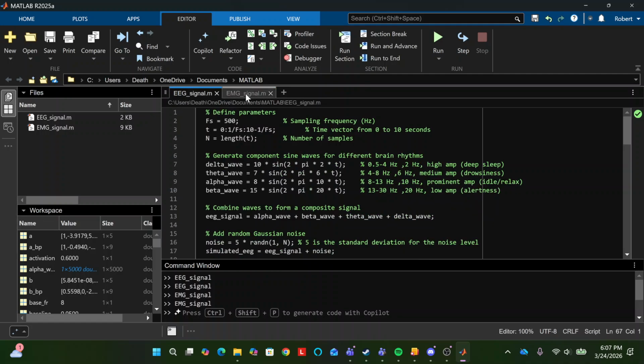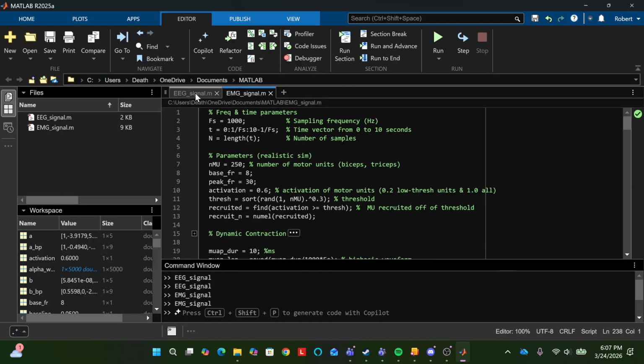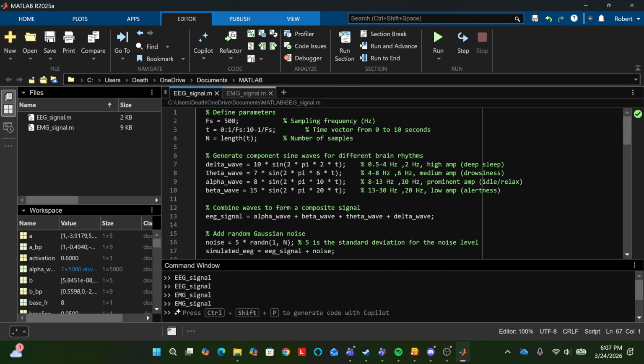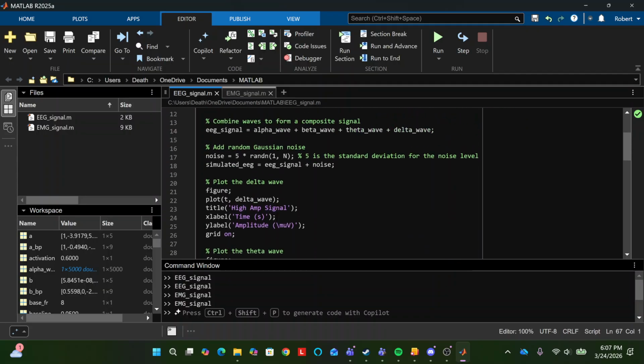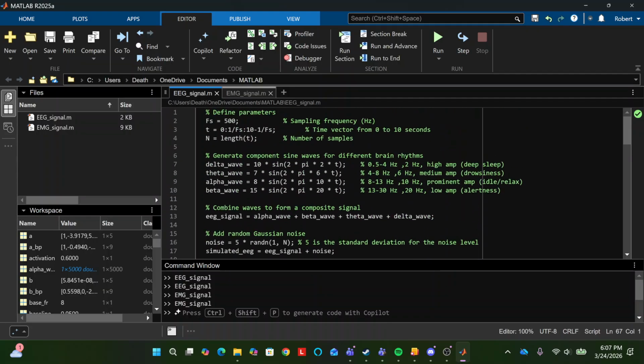This all came from online. I just kind of searched up on Google. I searched up from articles, and I've also searched up from GitHub on some of these things and figured out how to simulate EEG and EMG signals.